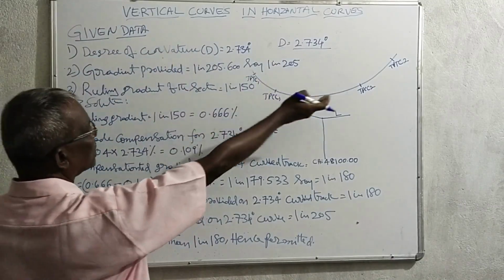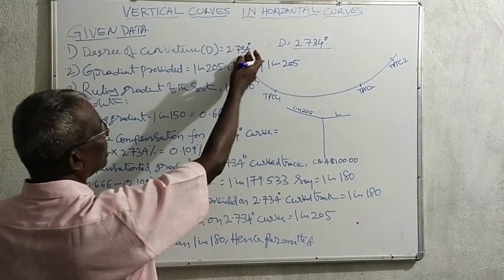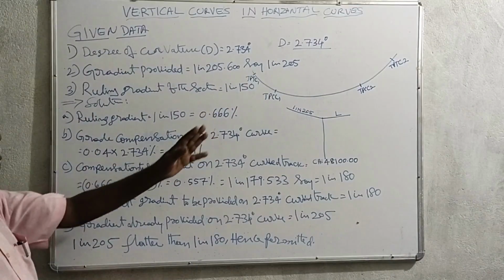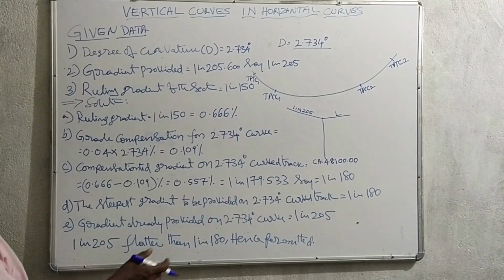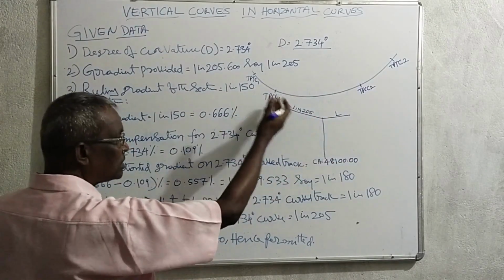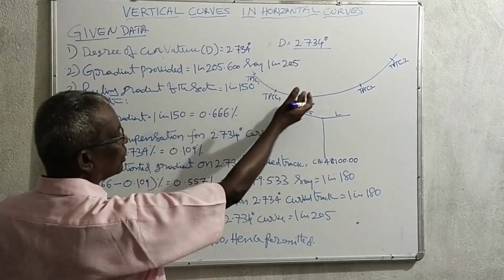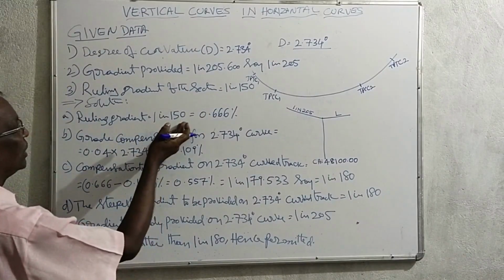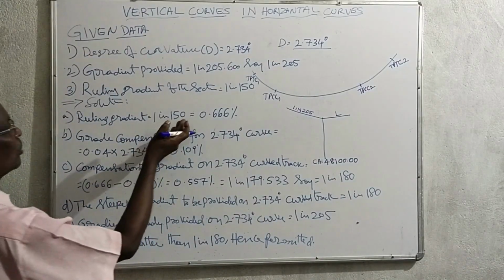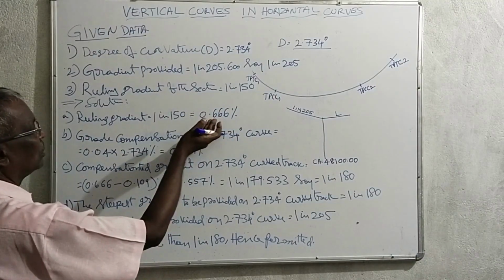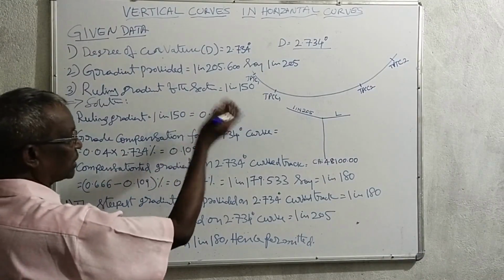The degree of the horizontal curve is 2.734 degree. To compensate, we will check whether this gradient is okay or not. In this 2.734 degree horizontal curve, the ruling gradient is 1 in 150, so that is 1 by 150 into 100, which is equal to 0.666%.